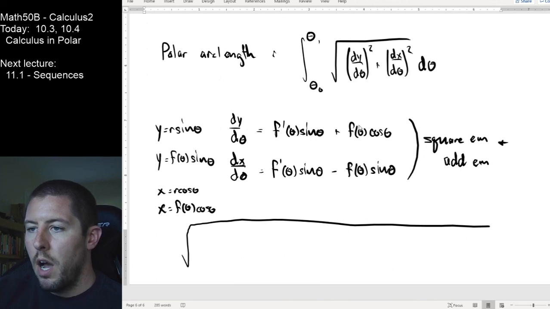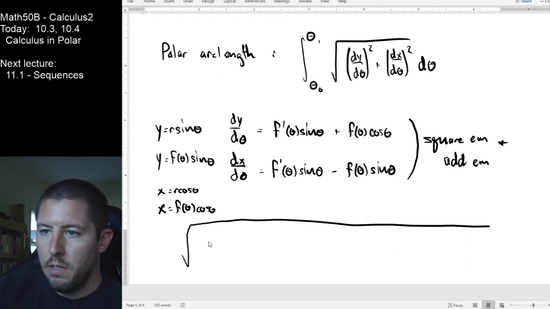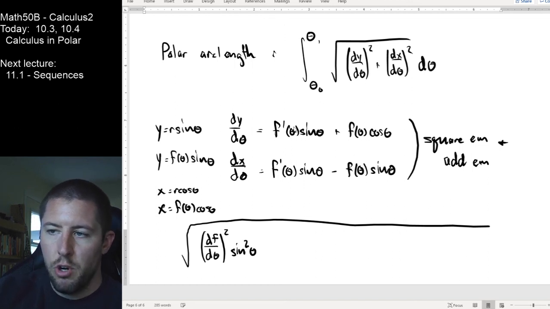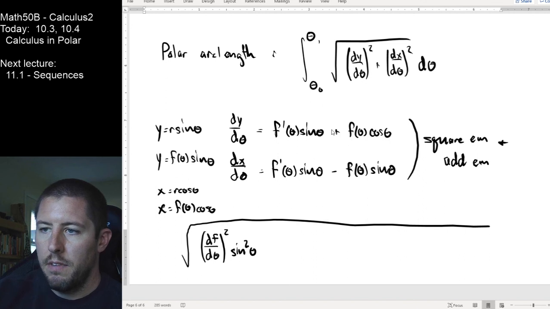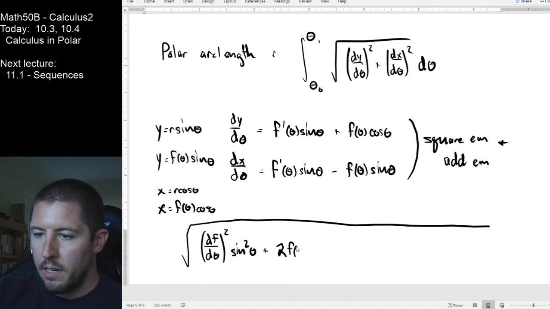I'm going to square the first grouping of terms. So I'm going to get df d theta squared times sine squared of theta. That's the first term of the first group squared. Plus, we're going to get 2 copies of the second term, first term times the second term.